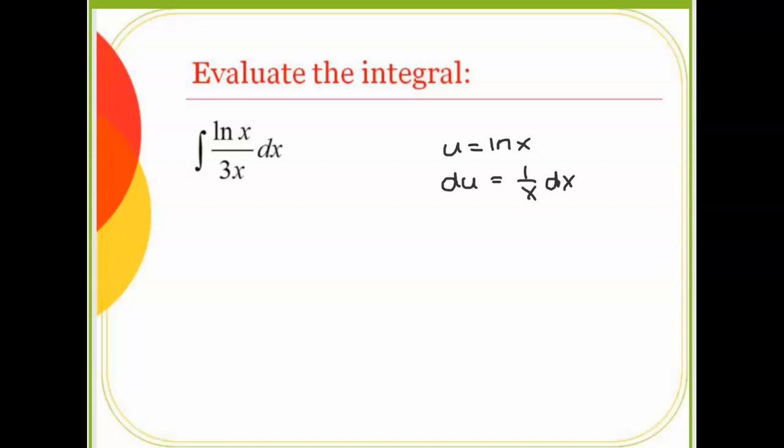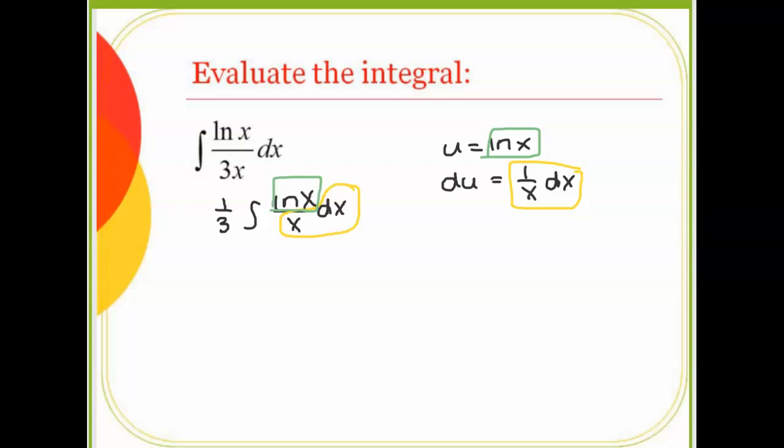And I could think of that original as 1/3 in front of that problem. So here's my 1 over x dx. And then here is my ln of x. Oh, I forgot to write my x.